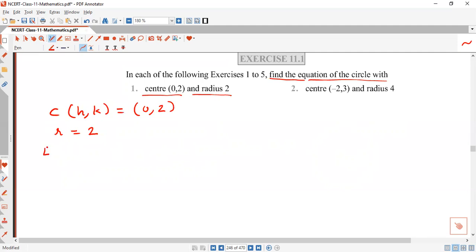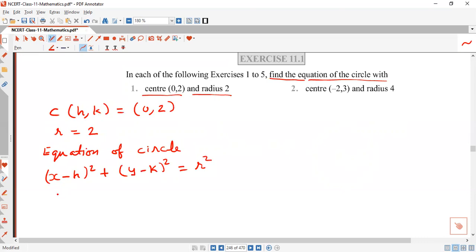So the equation of the circle: we know the formula x minus h whole square plus y minus k whole square equal to r square.